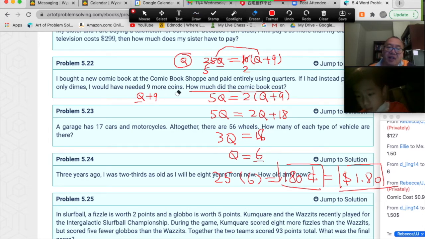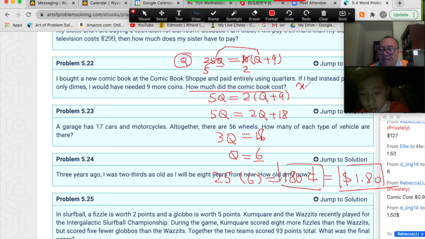You set the number of quarters. Okay, another way: because they ask us how much this comic book cost, now let's set this as x. Remember, this is the price of the book.